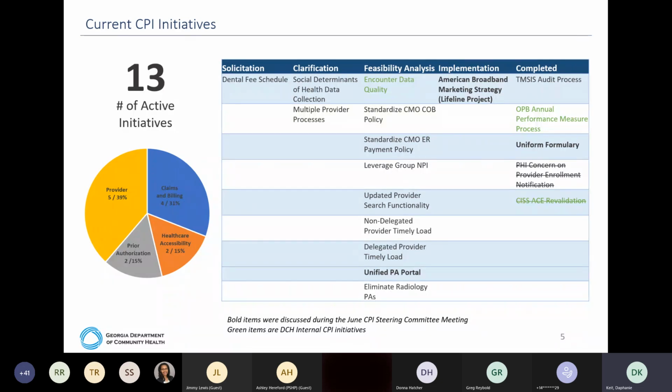So again, this is moving to completed because it's kind of a closeout of some of the discussions that have happened over the last probably couple of years in CPI on the PA work group.